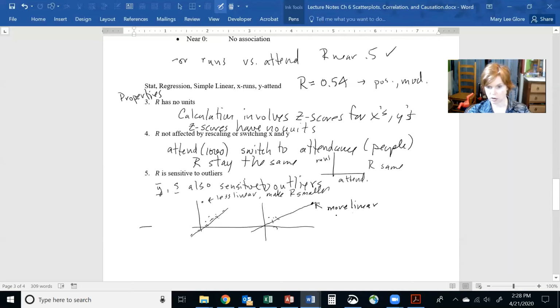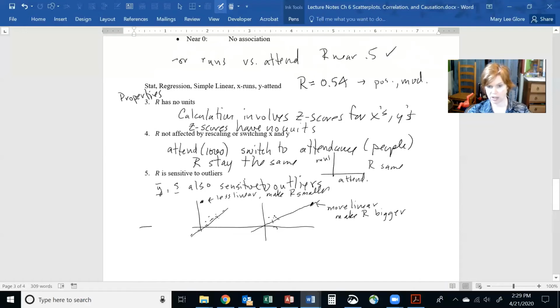Now this will make R bigger in magnitude, closer to 1 or -1. So this is a different kind of outlier. When it's totally off the line, it's going to make R smaller. If it's right on that line, it's going to make R bigger.